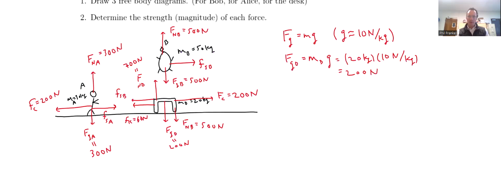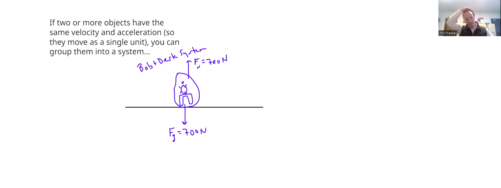It's also the normal force on the Bob plus desk system. We have Alice exerting a contact force on the Bob desk system of 200 newtons. And we have a force of kinetic friction equal to 60 newtons from the ground. Now, I do not know what the static frictional forces are between Bob and the desk, but I don't care about that. Grouping them as a system means the details of what's going on in there don't matter.